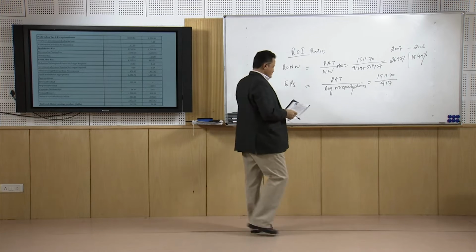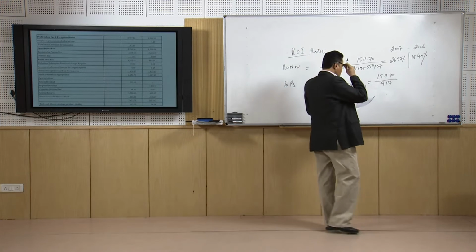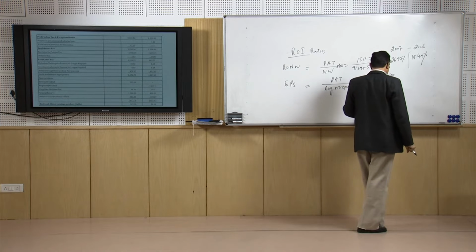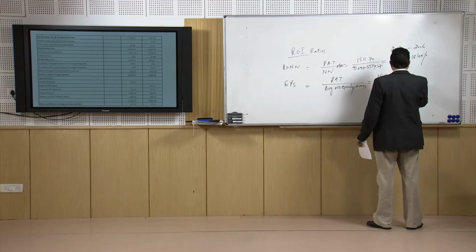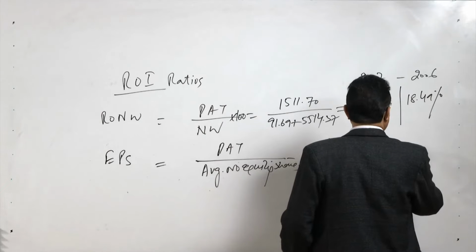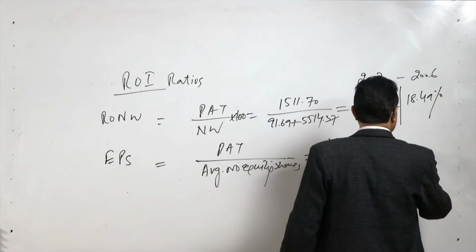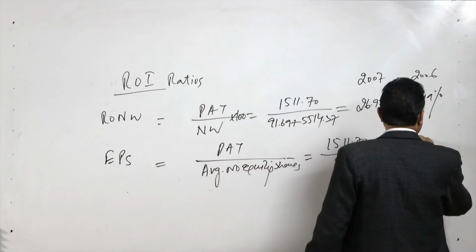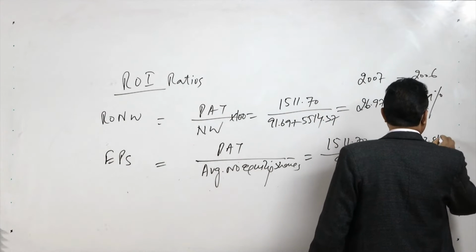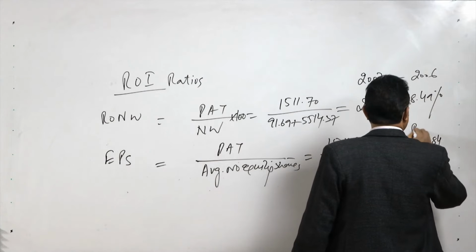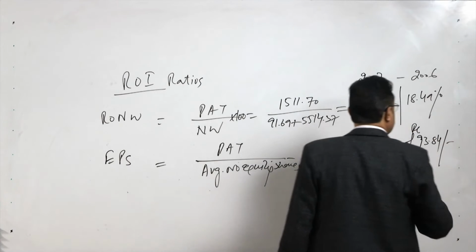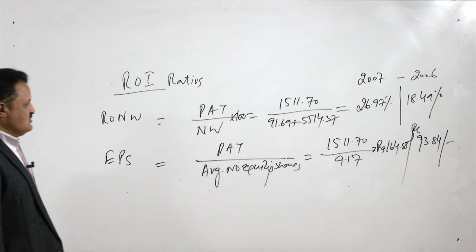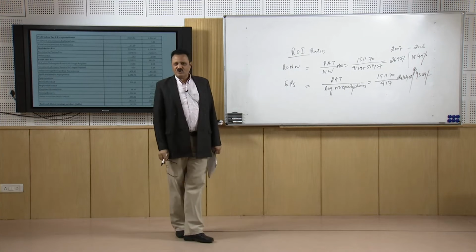If you calculate the ratio for the current year, dividing 1511.70 crore by 9.17 crore shares, this works out as rupees 164.85, and in the previous year this ratio was rupees 93.84. So earning per share has also gone up.